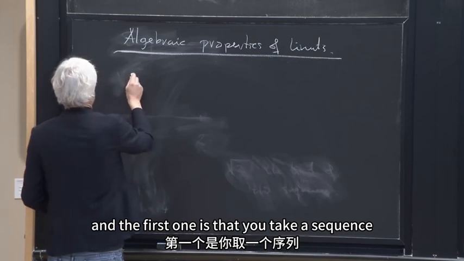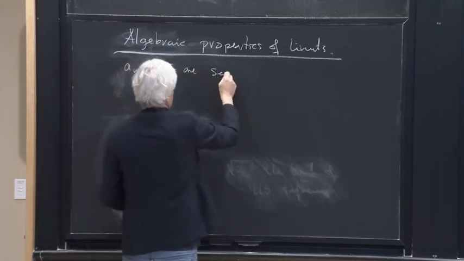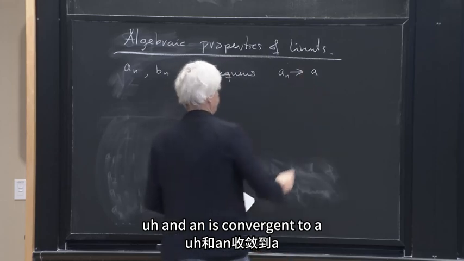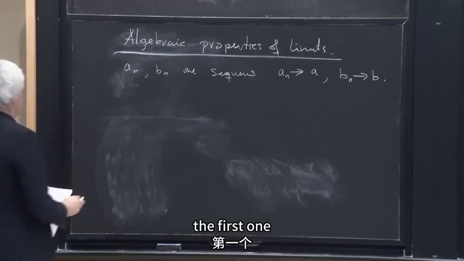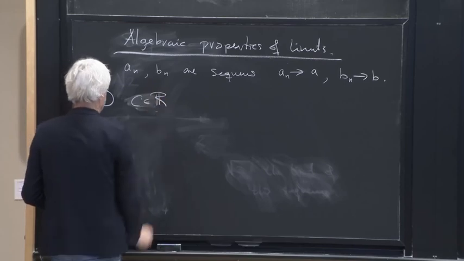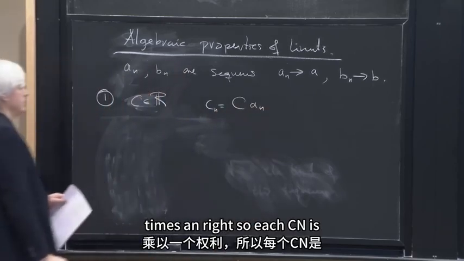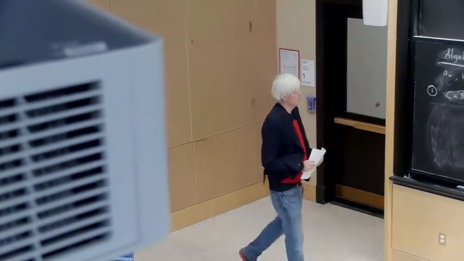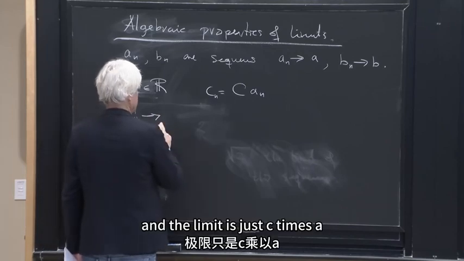Throughout, let a_n and b_n be sequences, where a_n converges to A, and b_n converges to B. The first property is that if you take a real number C and form a new sequence where c_n is just this real number times a_n, so each c_n is almost like a_n, except multiplied by this fixed constant C, then c_n is also convergent, and the limit is just C times A.